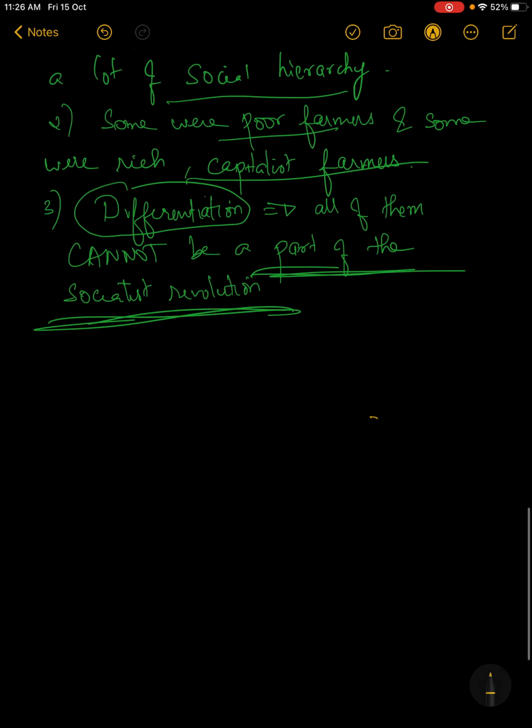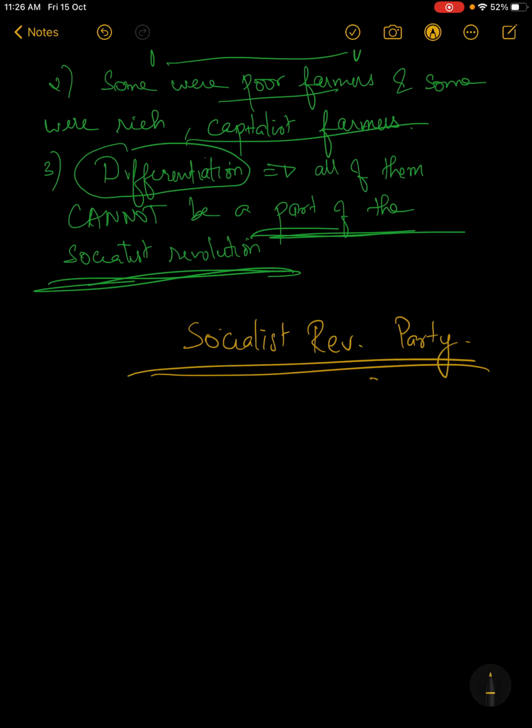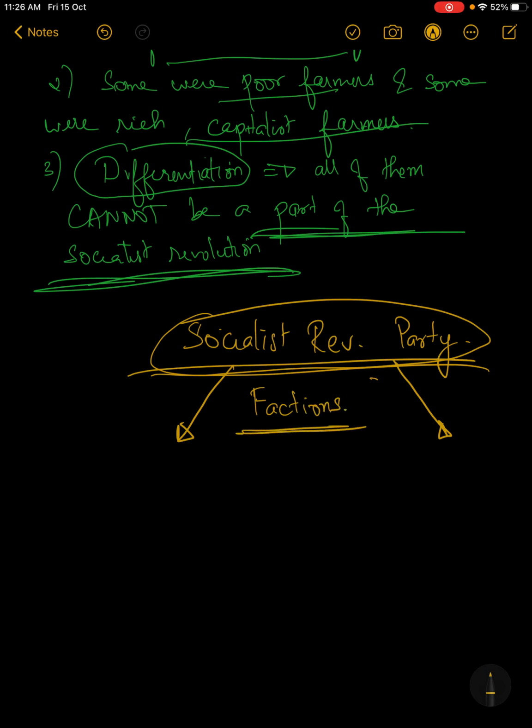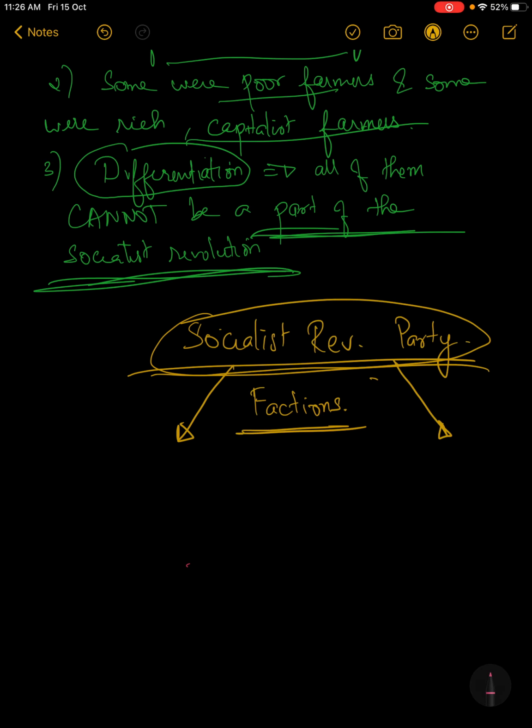Here is when, around this time, because of Lenin, and this is very important, the Socialist Revolutionary Party got bifurcated into two separate factions. Faction means parts, okay? Got segregated into two separate factions.